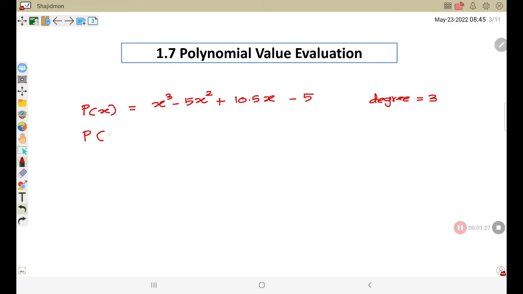For example, to calculate the polynomial value at x equal to 1, we write 1 power 3 minus 5 multiplied by 1 power 2 plus 10.5 multiplied by 1 minus 5, correct? We can calculate this easily with a calculator because there is no rounding or chopping, so we get the answer quickly.